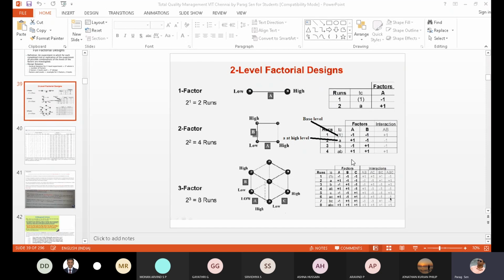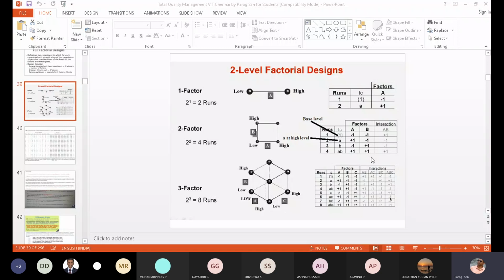In case of two levels, we have already discussed the design matrix. Only one particular column that we have not yet discussed is the column of TC. You know that this column is the observations.